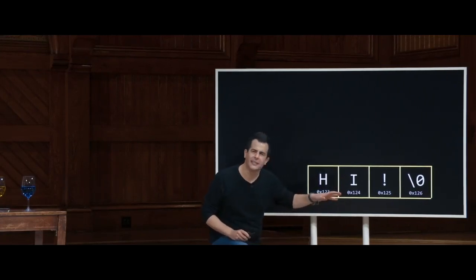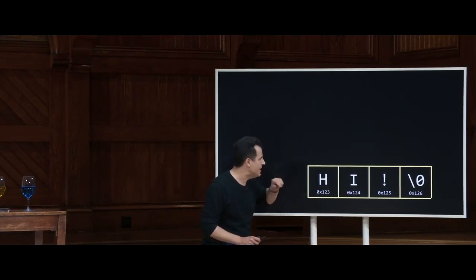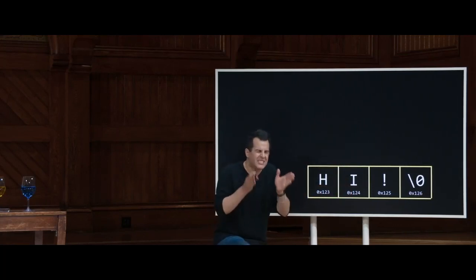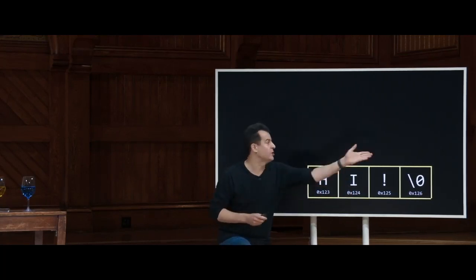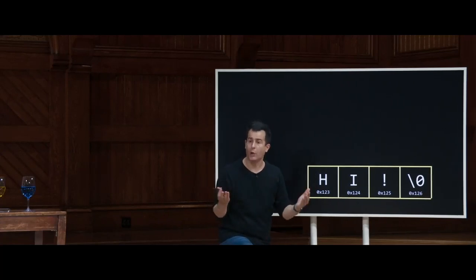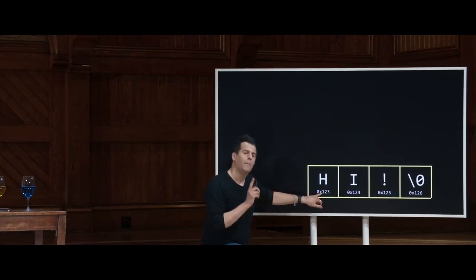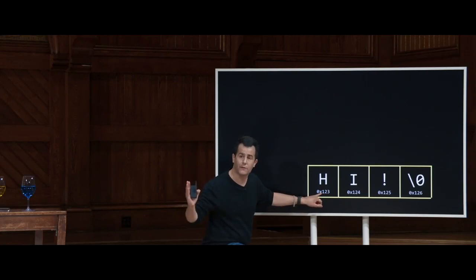But technically today, logically, it would seem that it's also true that hi, exclamation point, and the null character must clearly live at some address. They must clearly live in their own mailbox, so to speak. So maybe, for the sake of discussion, this h today is at 0x123. But recall that arrays are characterized by contiguousness from left to right.